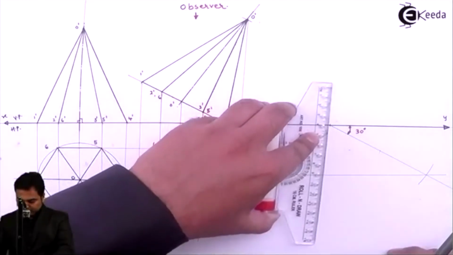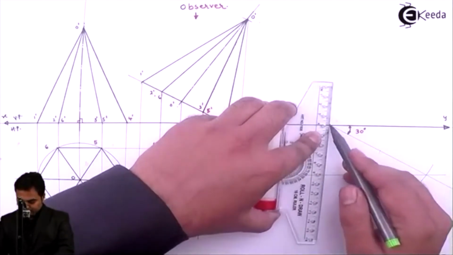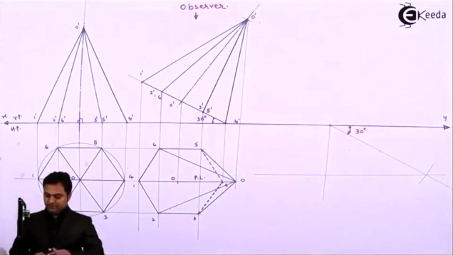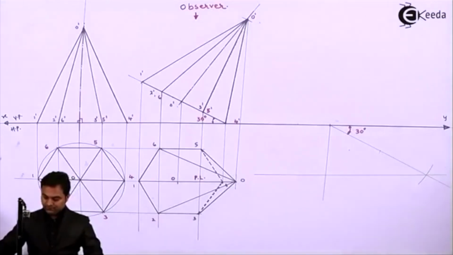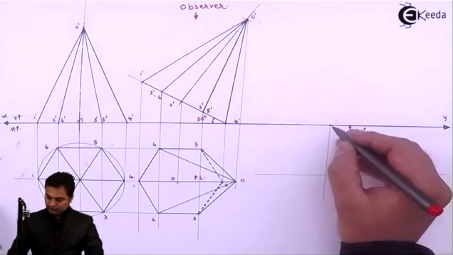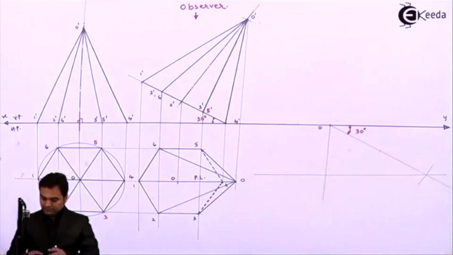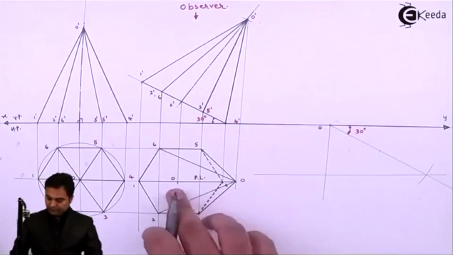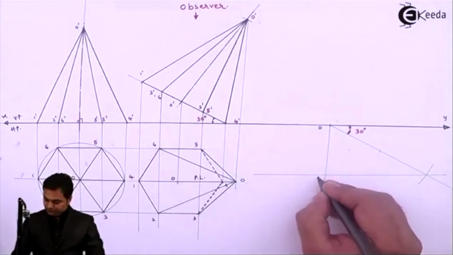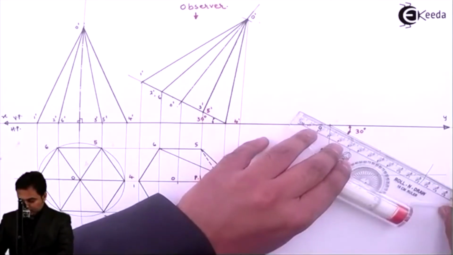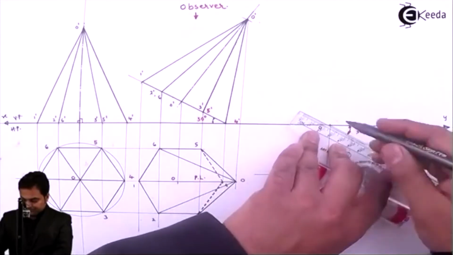So wherever this point is cutting this line, that will give me the axis. So here there is point O, and this is the original length of the axis from O to O, and this was the true length of the axis.